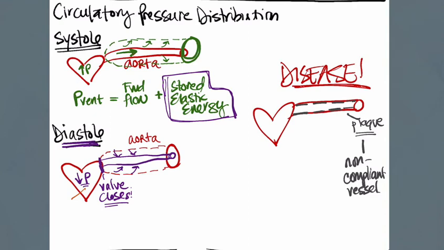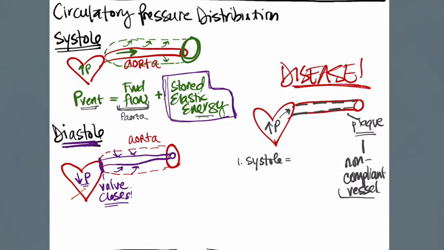So what happens during systole? In systole, the heart generates increased pressure and it drives blood into this system. If the walls can't stretch, and if you go back to the picture on the left, during normal situations, the amount of pressure generated in the ventricle creates both the forward flow, or maybe we could think about this as the pressure in the aorta, as well as the stored energy.